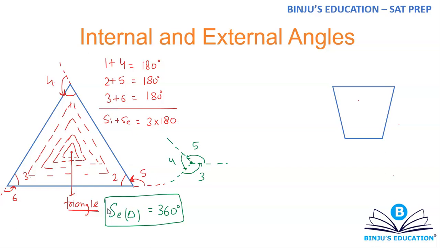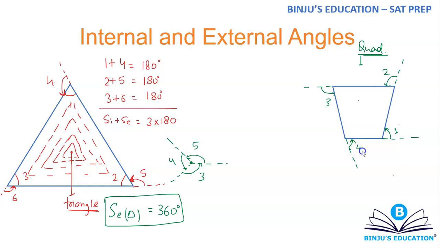For our better understanding, I've taken a quadrilateral here. So let's draw the external angles. This is going to be 1, 2, 3, and this is going to be 4. Again, I'm taking them in anti-clockwise direction.